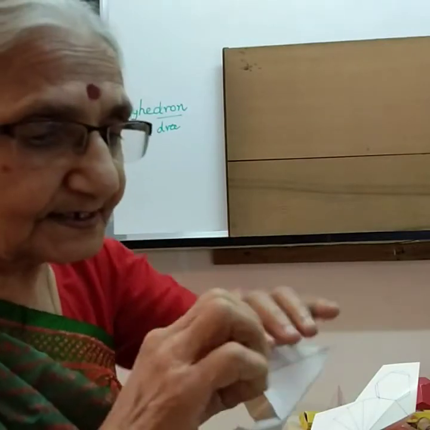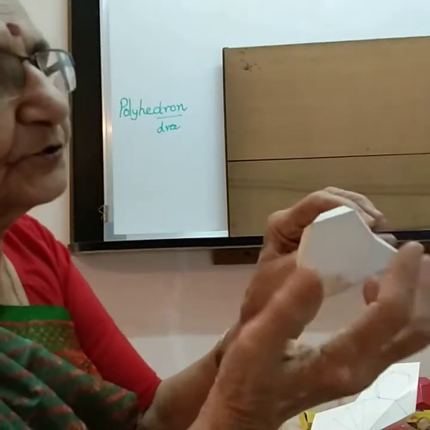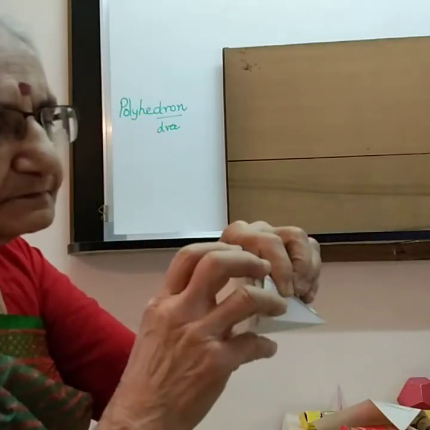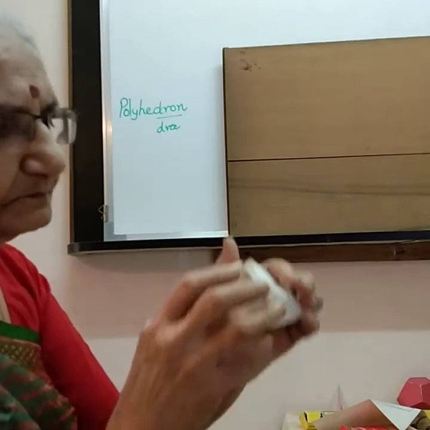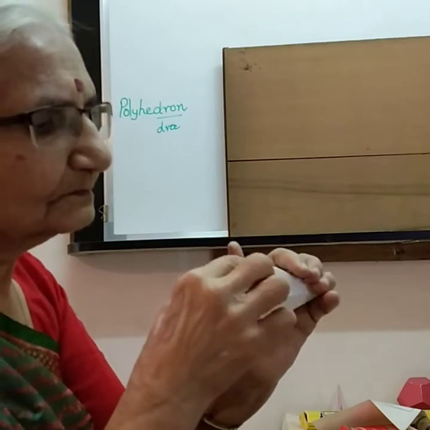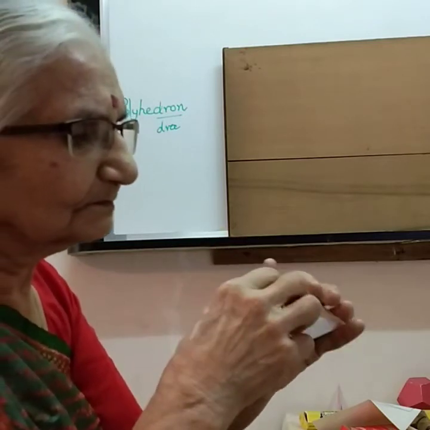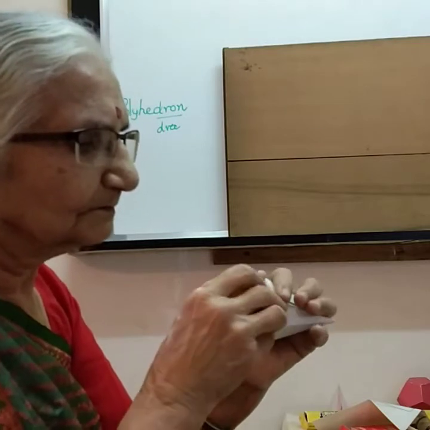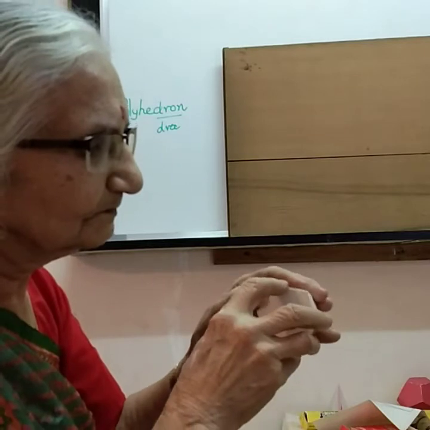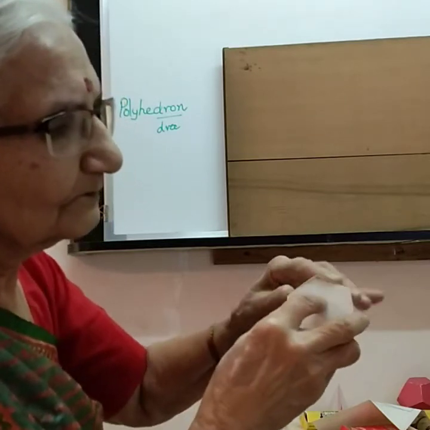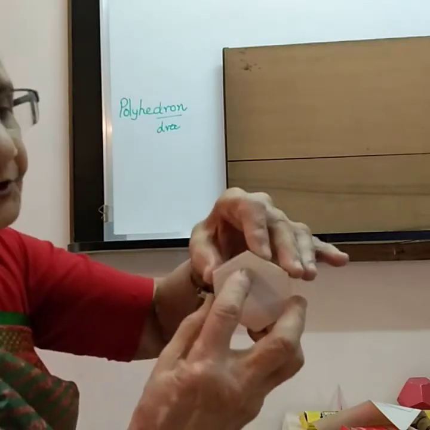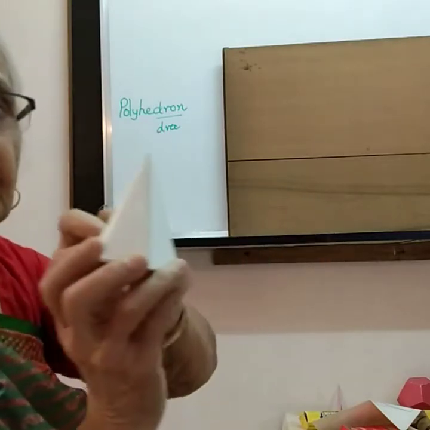Alright, once this is joined, what we have to do is, the base has to be glued, all the tabs go inside, as you can see, all the tabs have gone inside and they have been glued here, and the pyramid is ready.